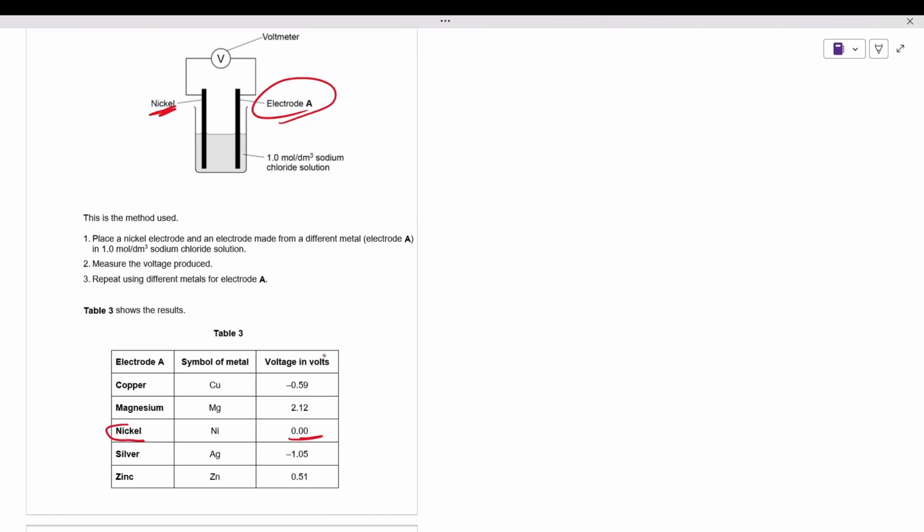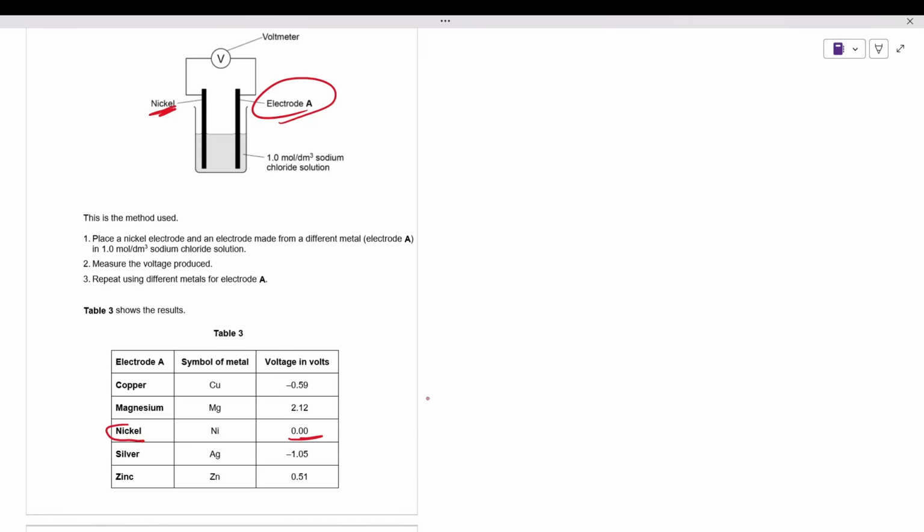And this takes us back to the reactivity series of metals, where we have the most reactive at the top, least reactive at the bottom. And that's what we're going to be looking at. We're going to be ordering them. So you should know that the most reactive metal is usually the metal with the highest voltage, the more positive voltage.